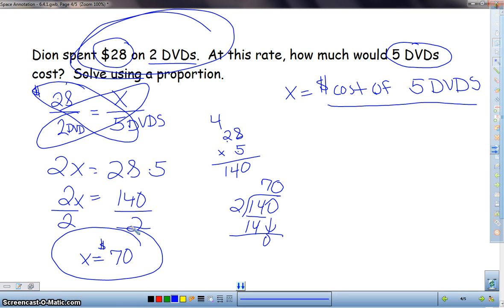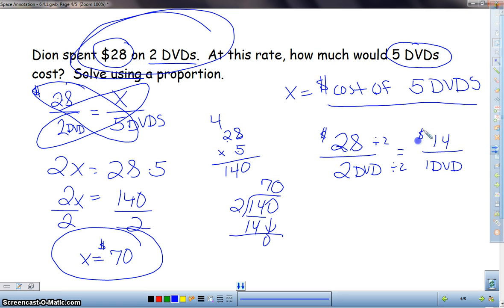That's what that represents. Now another way to think of it is if 2 DVDs cost $28, we can find the unit rate of it, meaning I can find the cost per 1 DVD. So I'm going to divide this over here by 2, and we've talked about this already this year as well, and I get 1 DVD. Half of 28, or 28 divided by 2, is 14.